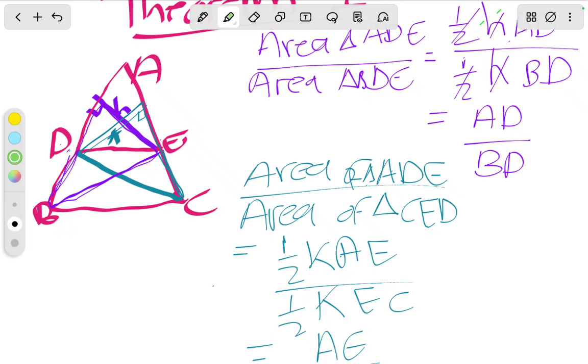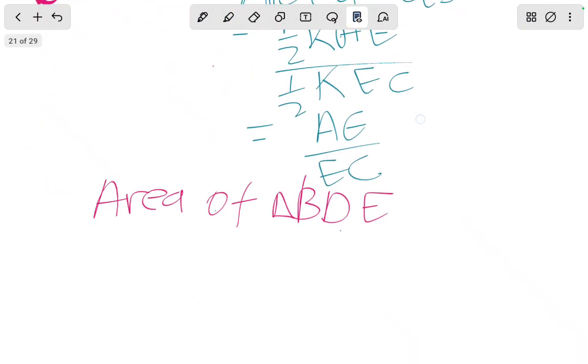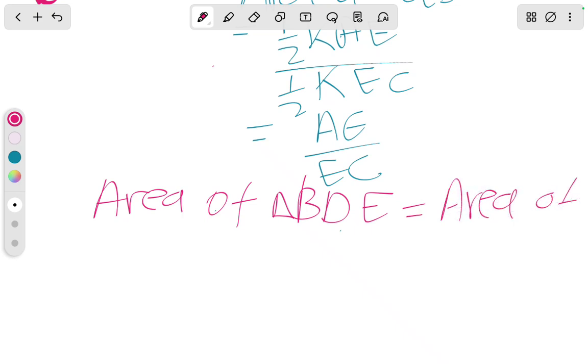Here's our reasoning. We're gonna say it is equal to the area of triangle CED. The reason is, you can either write your reasoning on a table depending on what your teacher says, or you can just put it in brackets. Mine, I'm gonna put in brackets.